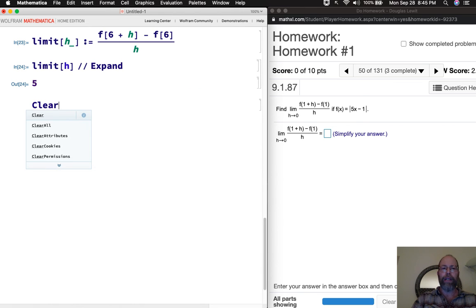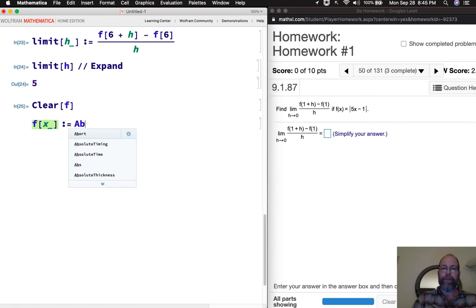So clear the definition of f. f of x is equal to the absolute value of 5 times x minus 1.